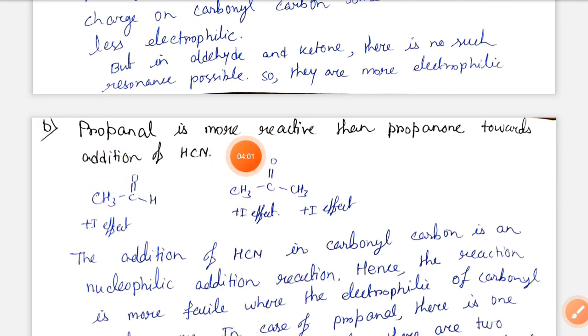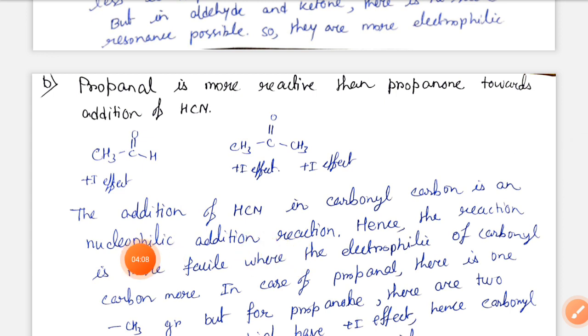Next, propanal is more reactive than propanone towards addition of HCN. The addition of HCN is a nucleophilic addition reaction at the electrophilic center. The higher the electrophilicity of this carbon, the higher the rate of reaction.